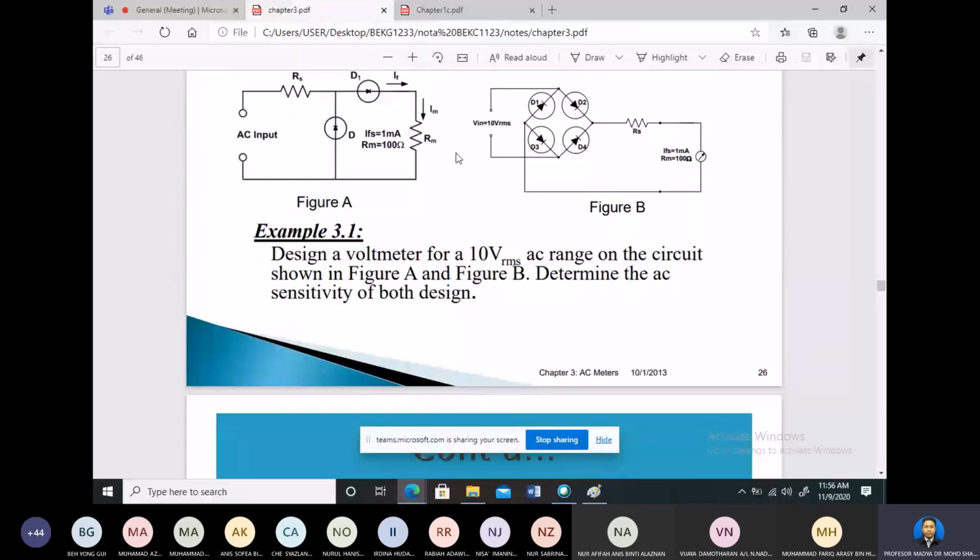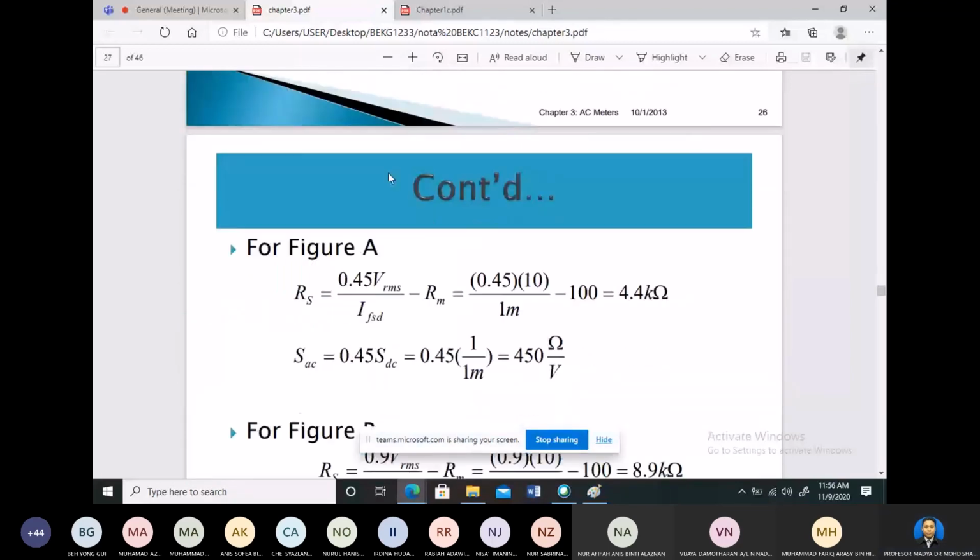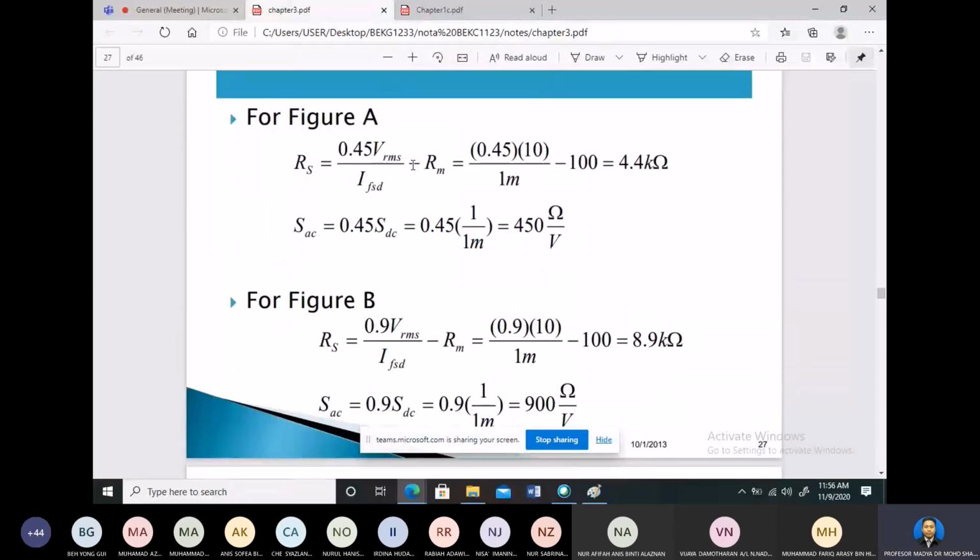Full scale deflection is 1 ampere, and Rm is given as 100, so minus 100. So the multiplier resistor equals 4.4 kilo ohms. Then you can get the sensitivity.